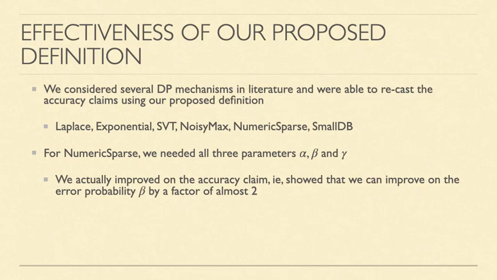And what's notable here is numeric sparse, for which we needed all three parameters. In fact, for numeric sparse, we also showed that we were able to improve on the known accuracy claim, that is, improve the error probability by a factor of almost 2.